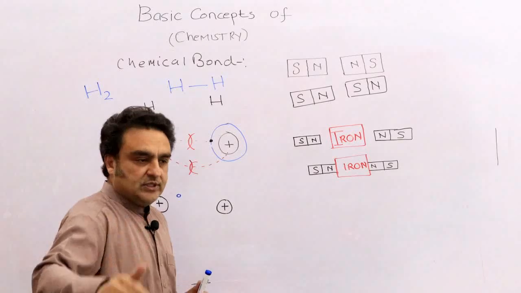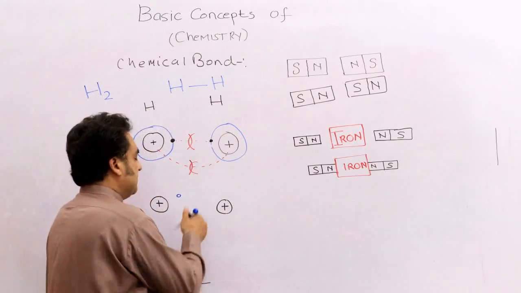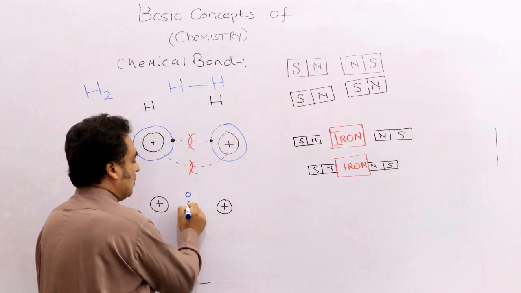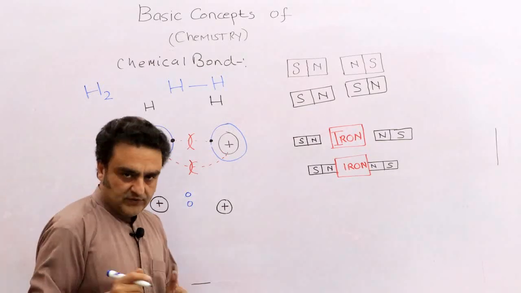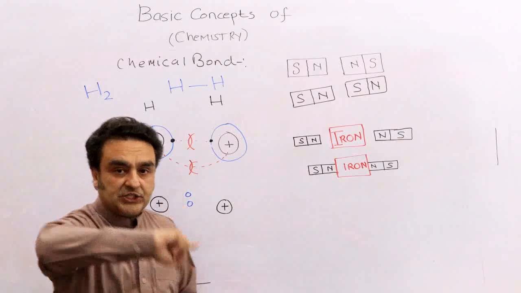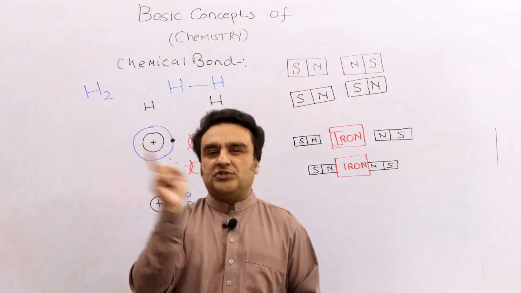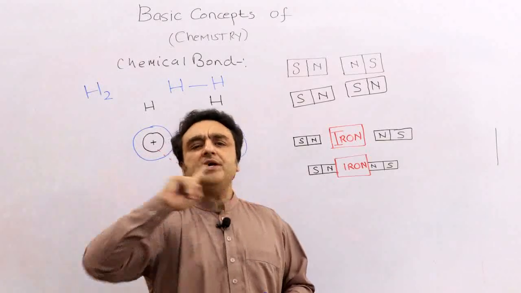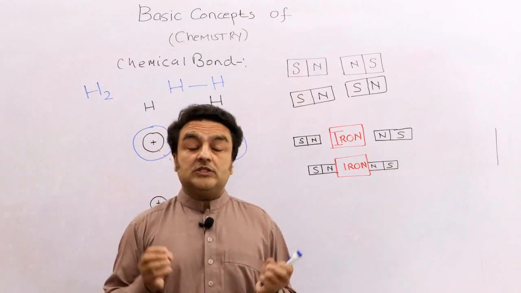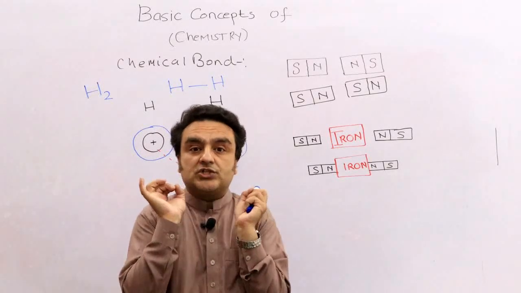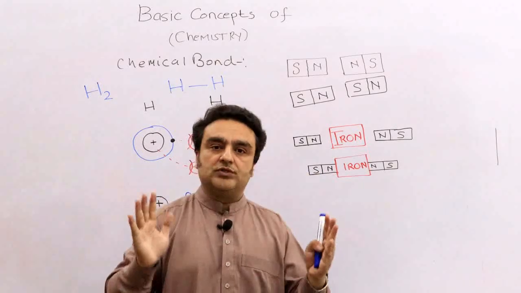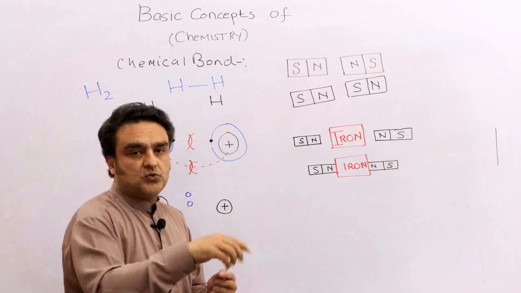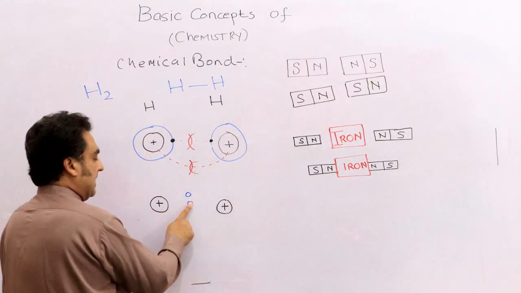I just told you to bring the electron in between those two atoms. So still we don't know, but as you know, the electron is in constant oscillation motion. Oscillation means it's moving very fast. It is moving so fast that it just seems like a cloud, because the atom is so tiny and the electron is so fast, so it will be like a cloud.